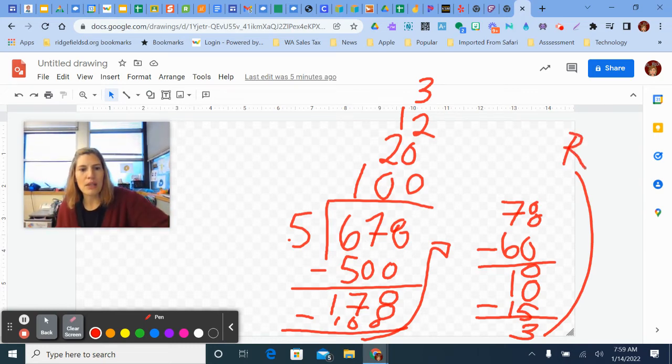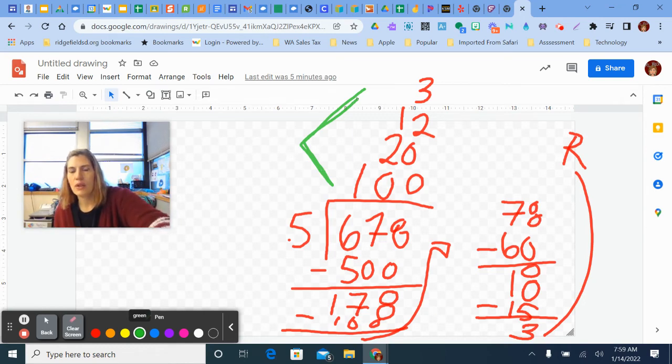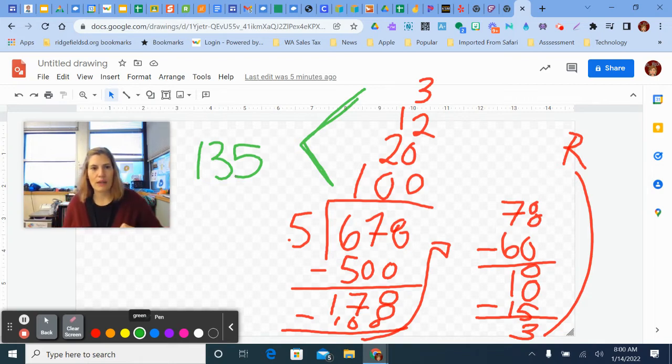Now I'm going to look up here, and I have these numbers. I've got to add them up. So 120 plus 12, 132, plus 3 is 135. So I'm going to say 135. Okay, so 5 goes into 678 135 times.